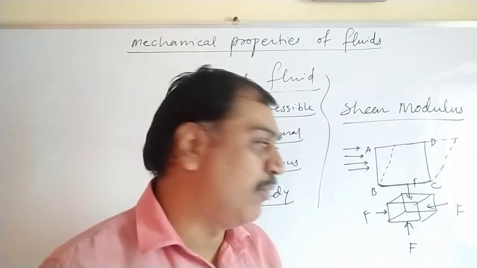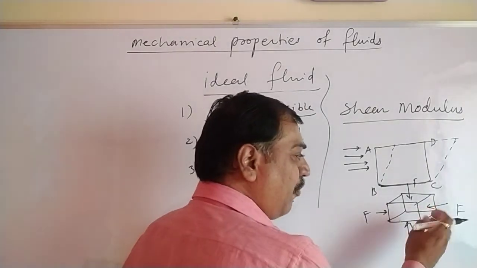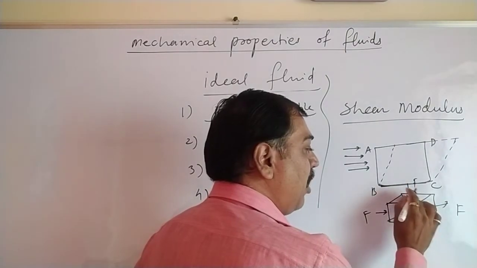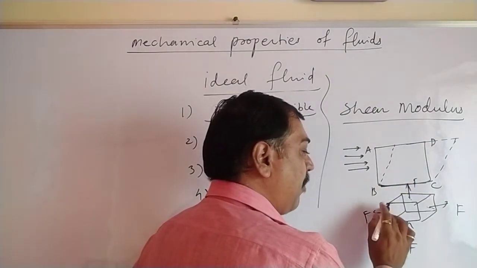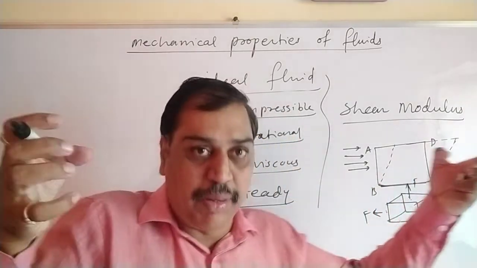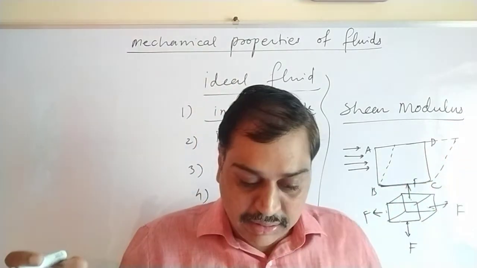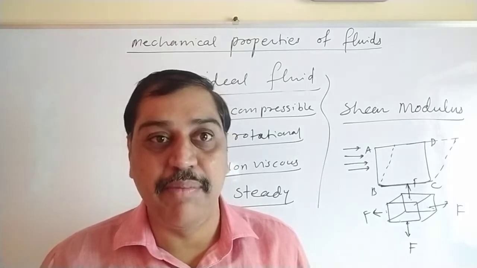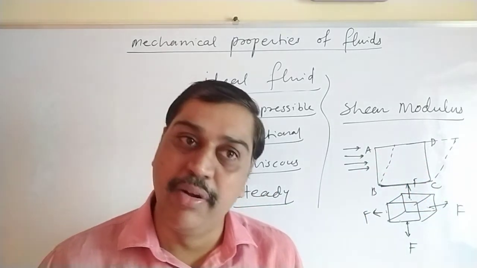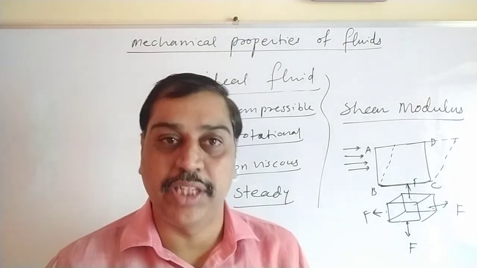Apart from this, we can do the same thing differently. Instead of applying the force inward, we stretch it outward, with forces again applied from all six sides, such that we are stretching the cube. That is said to be tensile. Tensile means we are stretching it, elongation in the solid, and that is possible with the solid only because a solid has a specific shape and size.